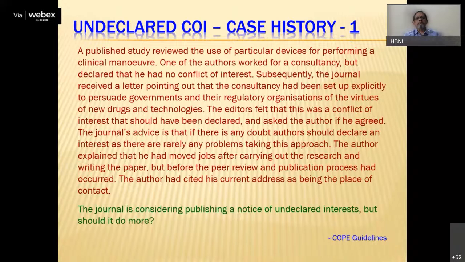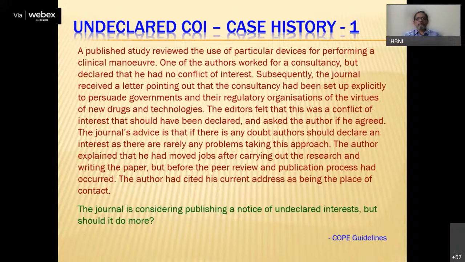In this particular case, the author explained that he changed his job after carrying out the research and writing the paper at the affiliation given in the paper. But before the peer review and publication process started, he changed his job, so he had a new address. The author cited his new, current address as the place of contact.